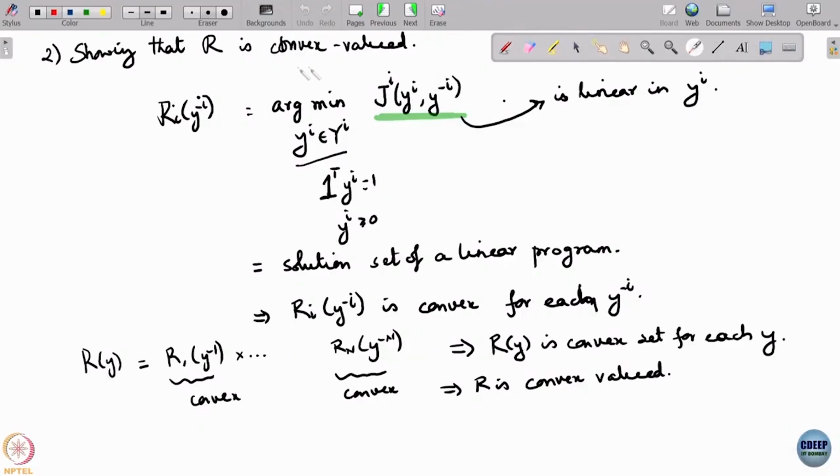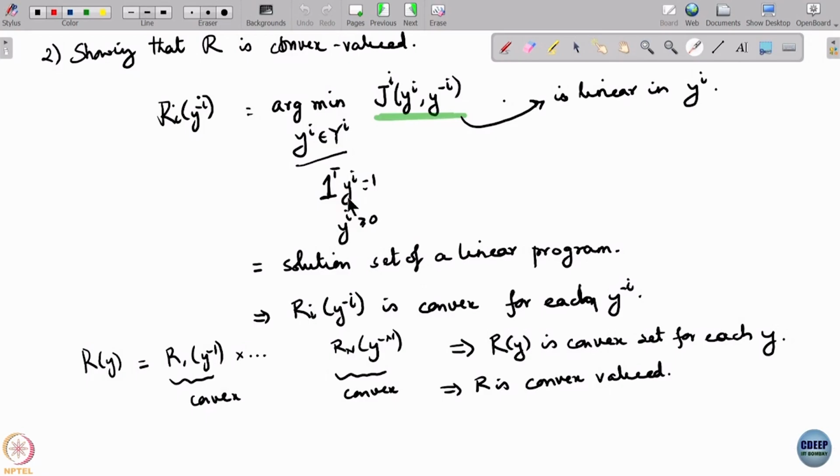Let me also mention one other point which came up as we were doing this proof. We saw that R is convex valued, which means that each Ri was the solution of a linear program. Look at the constraints of the linear program: the constraints are that it's just a probability distribution.